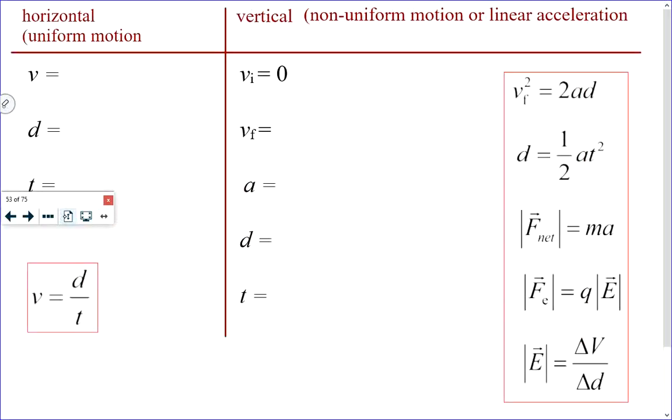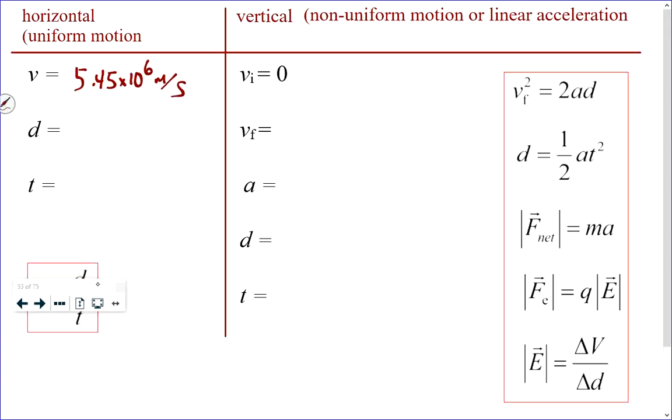So before we drop our breadcrumbs down, let's label some things. Was it 5.45 times 10 to the 6 meters per second? What else do we know? Oh, we know the distance. Wasn't it 13 centimeters long?